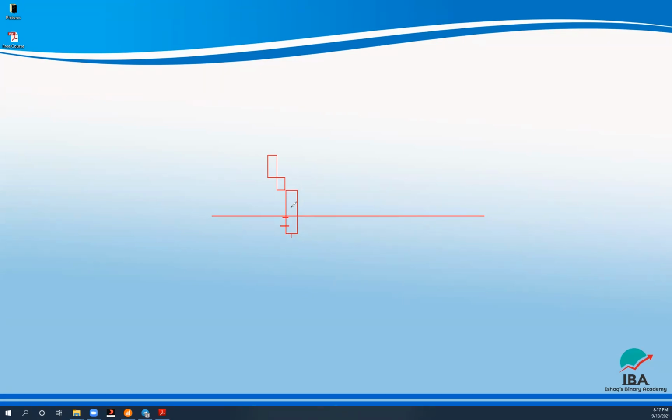We place the trade, not rejected. Again we place the trade, not rejected. Again, not rejected. In all the trades the candle closed below the level.